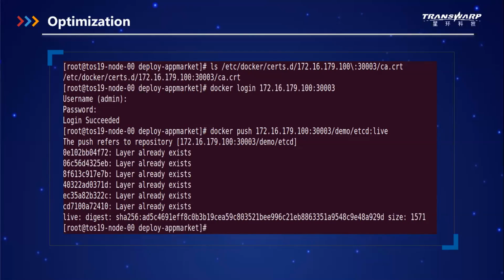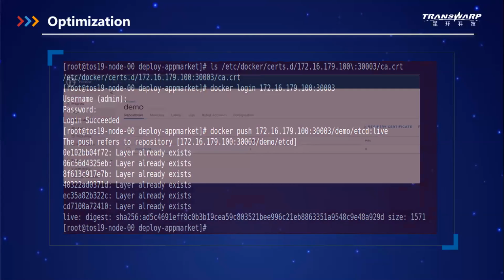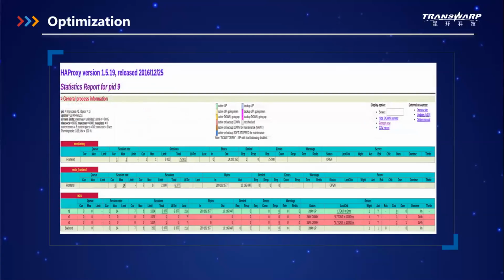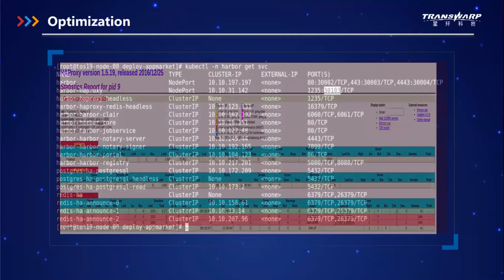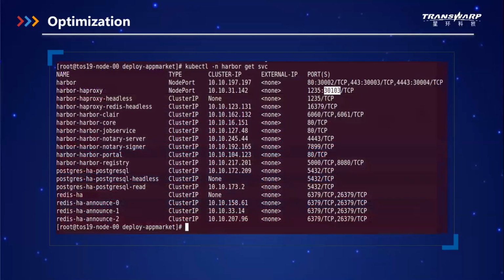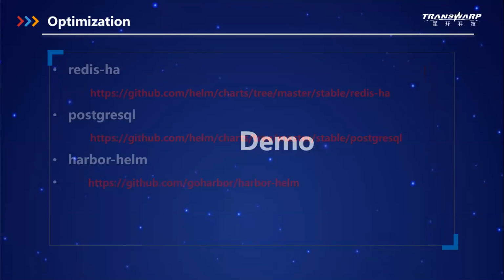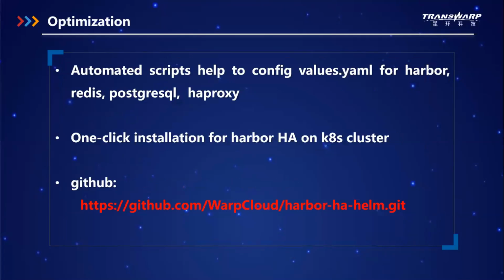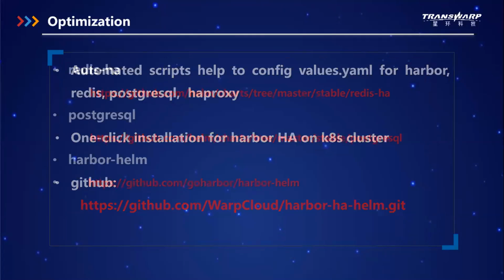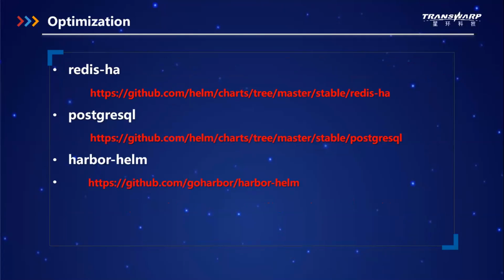I have a question about the solution. The change you did is only introducing Postgres HA and Redis HA, right? You do not make any other change to the original Harbor Helm chart? I didn't change anything in the original Harbor Helm chart.